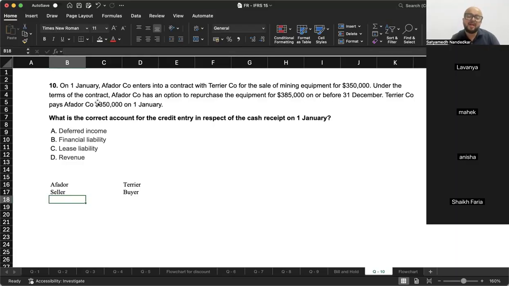Under the terms of the contract, Affedor has an option to repurchase the equipment for 385.